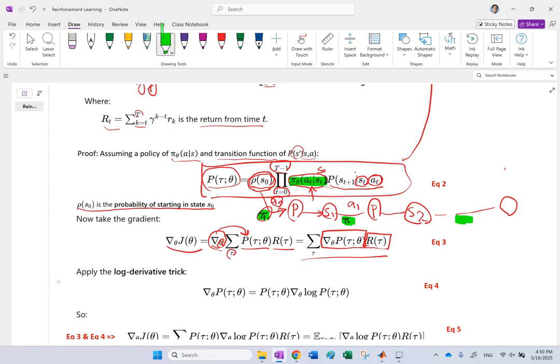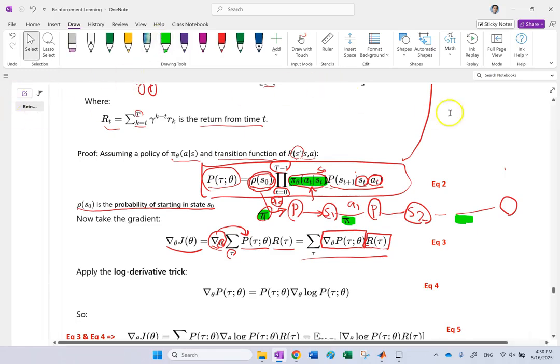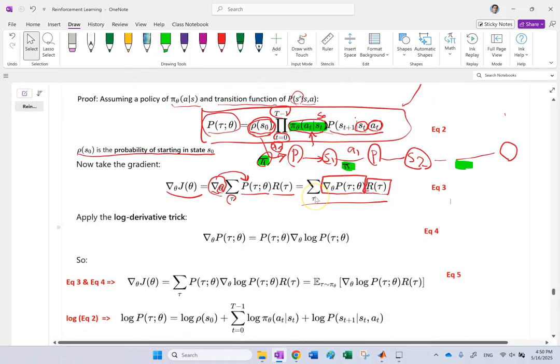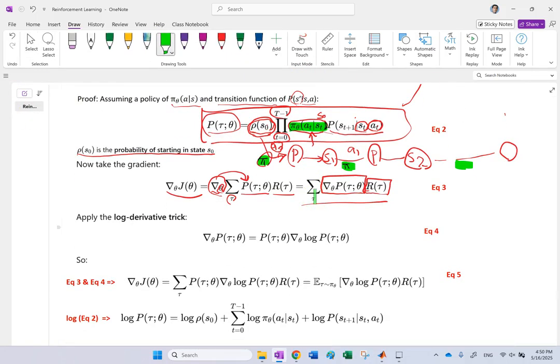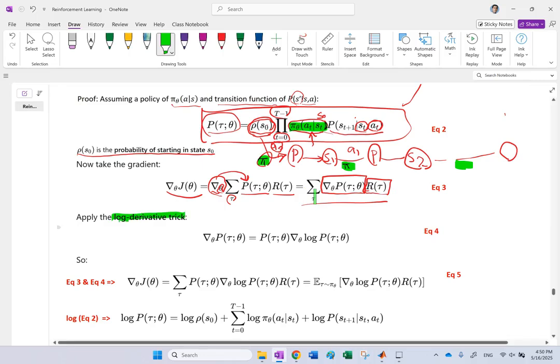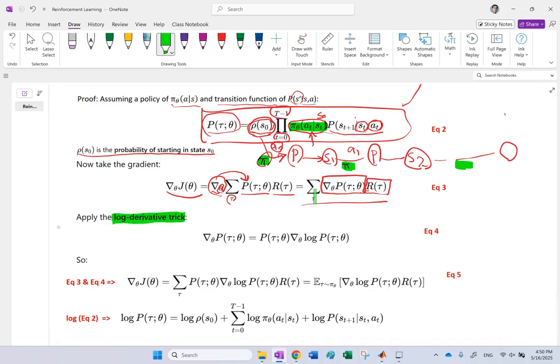Now here we do one small algebraic manipulation called the log derivative trick. By trick, we are talking about algebra, basically. It says that the gradient of p can be written as p times the gradient of log of p. And you know this is true. Why?